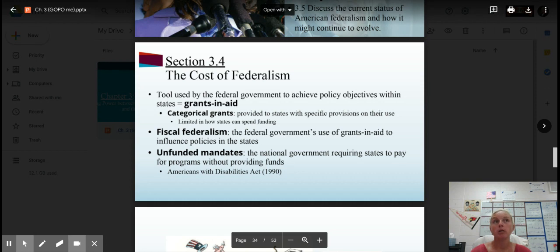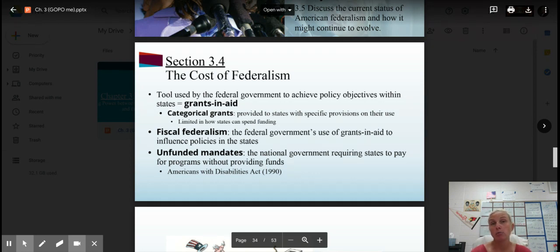And probably the most famous example, and it's the one I'm telling you, if there's ever a question about unfunded mandates, this is the answer you give, is the Americans with Disabilities Act. So in 1990, they passed this act, and they said all public places have to provide handicap accessible accommodations for every place, and you don't get money for it.